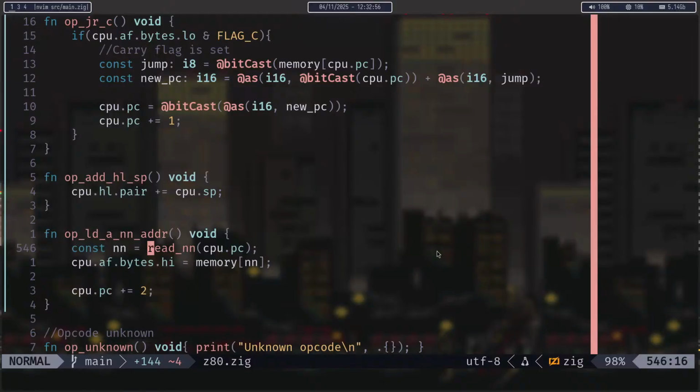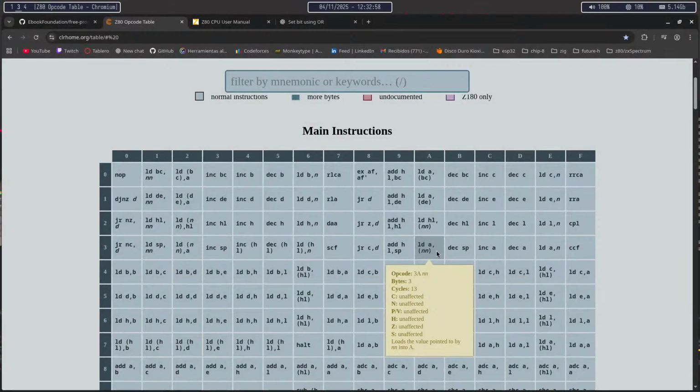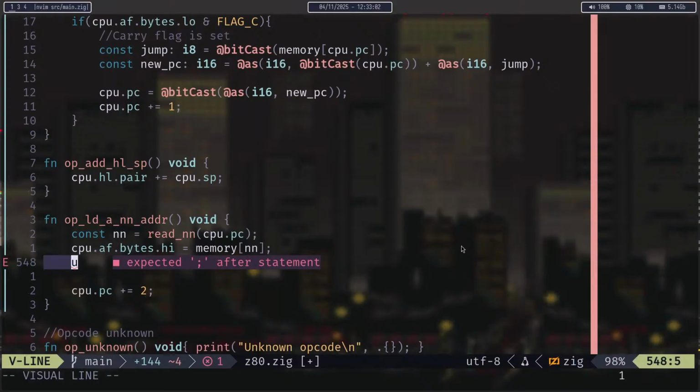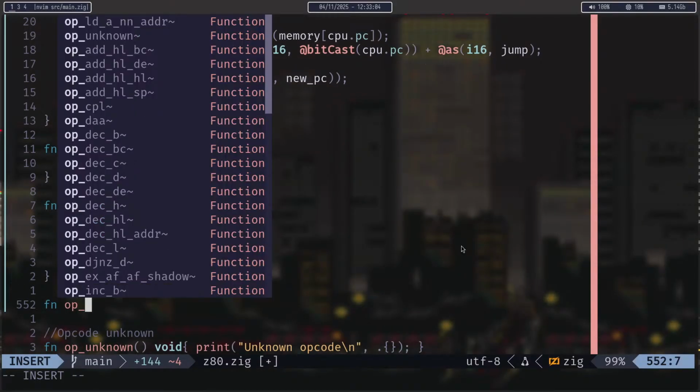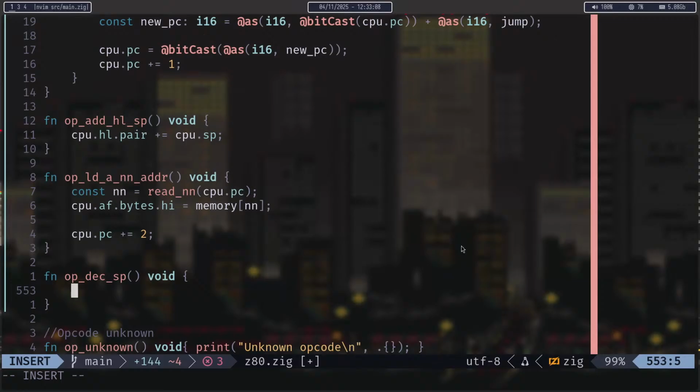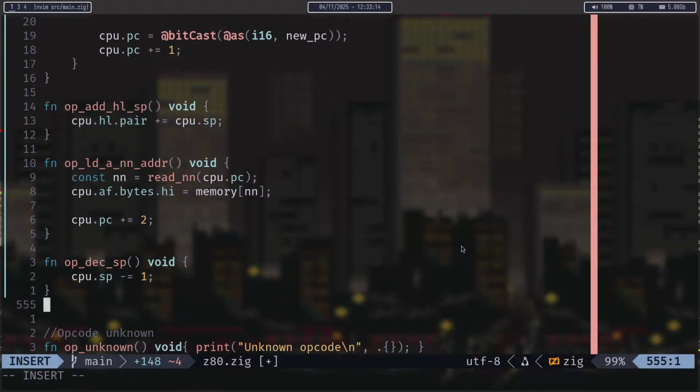Is there any sort of flag that I have to take into account? Unaffected, unaffected, unaffected. Alright, there we go. Dec SP, boom boom boom. So CPU.sp minus equals 1. Boom.